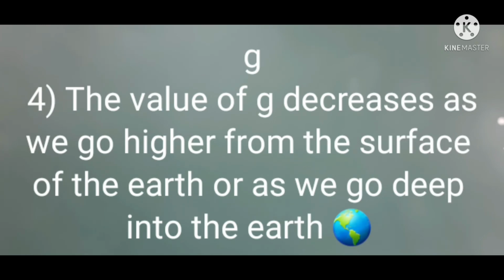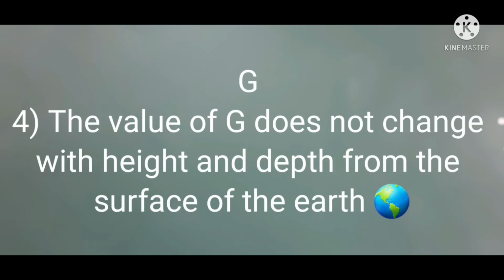The value of small g decreases as we go higher from the surface of the earth or as we go deep into the earth. The value of capital G does not change with height and depth from the surface of earth. Next question.